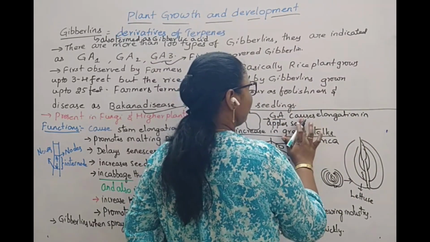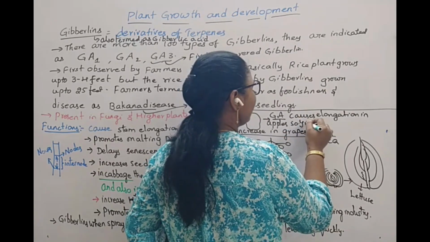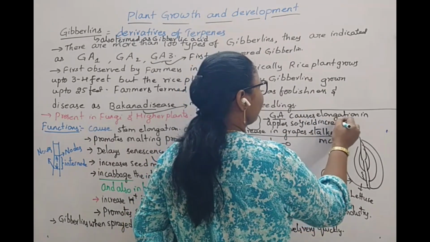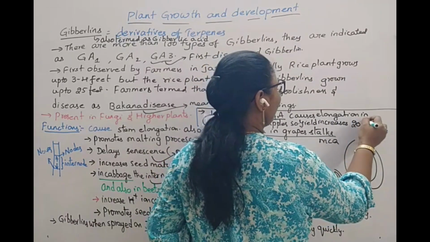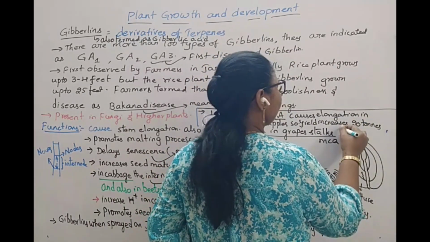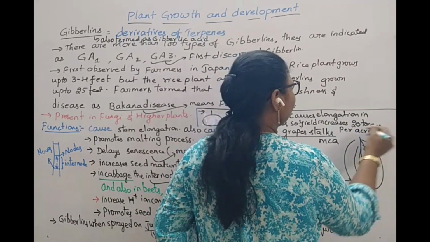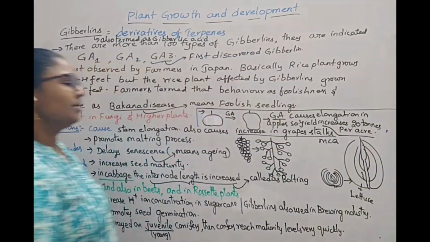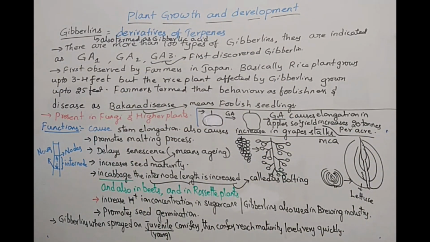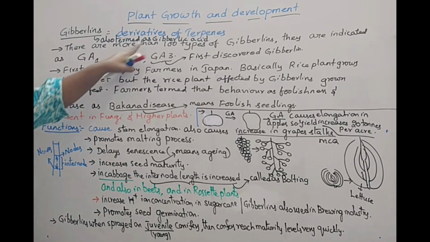So, yield increases 20 tons per acre. So, these are some of the important points related to gibberellins or gibberellic acid.